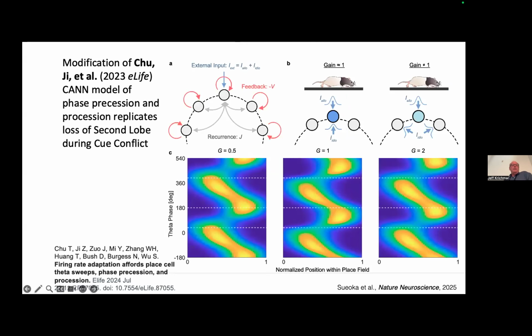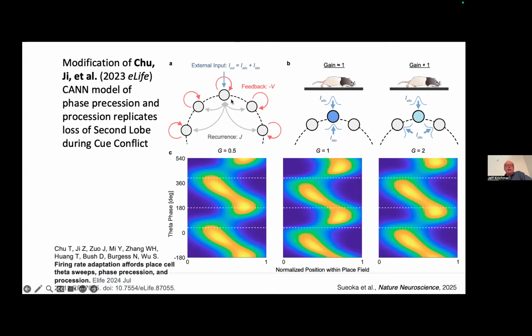Yotaro took a model from Chu and Ji's from Si Wu's lab, where they looked at theta phase precession. It's a ring attractor, a continuous attractor network, but what they added into it was spike frequency adaptation.